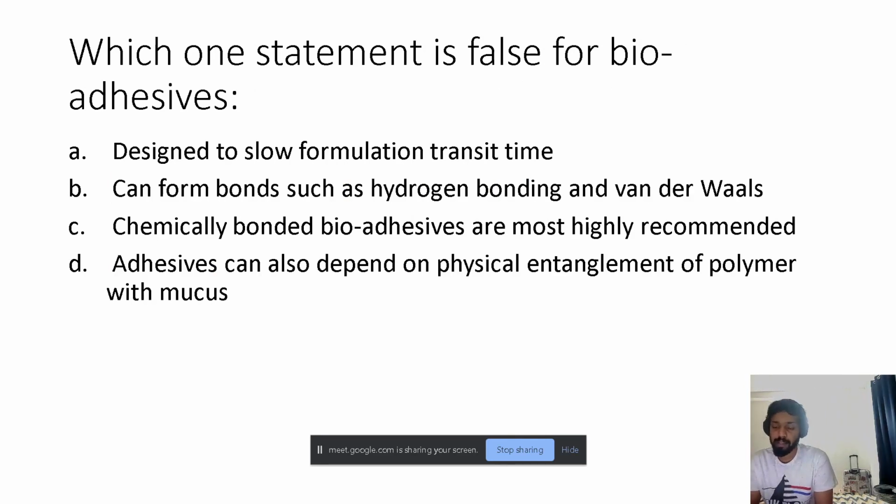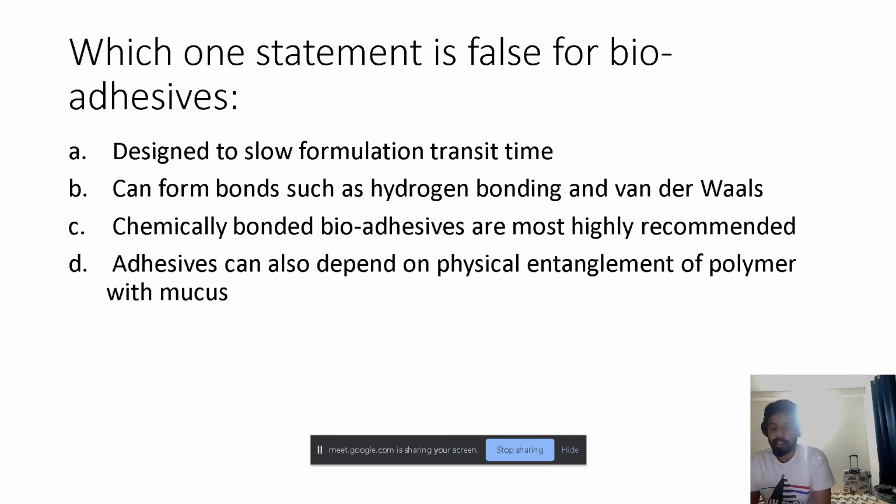Which one statement is false for bioadhesives? They're designed to slow formulation transit time. They can form bonds such as hydrogen bonding and van der Waals bonds. Chemically bonded bioadhesives are most highly recommended. Adhesives can also depend on physical entanglement of polymer with mucus. Option C, right?